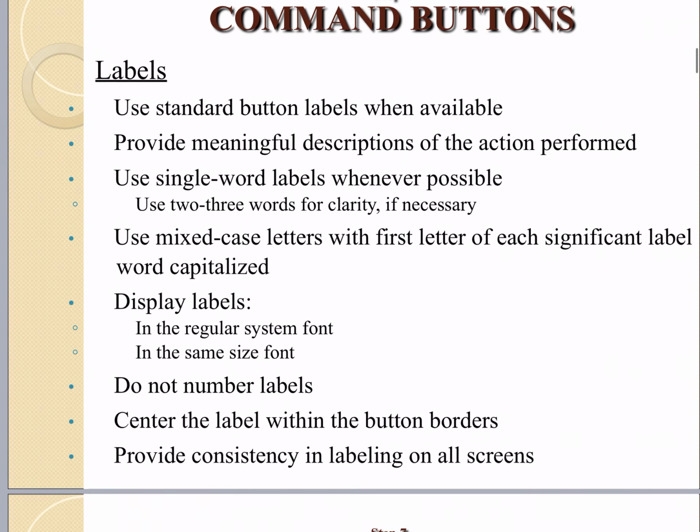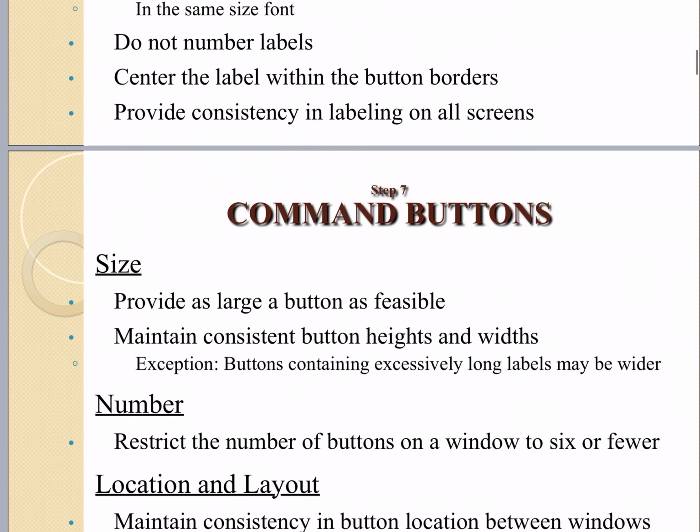And when it comes to labels for command buttons, use standard button labels, provide a meaningful description, use 2 or 3 words for clarity, use mixed case letters, and display labels in the regular system font or same size font. Do not number the label, center the label within the button borders, and provide consistency in labeling.